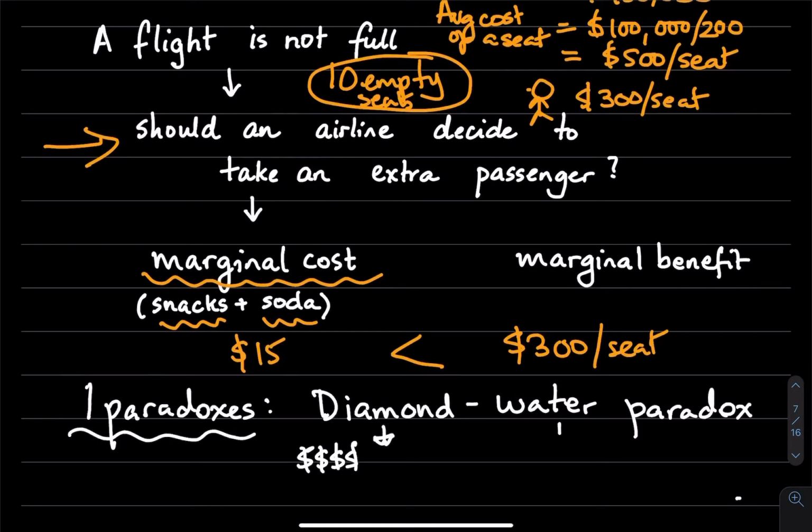And as far as water is concerned, we know that water is necessary for survival, but it is cheap relative to diamonds. So the question is, why is water so cheap while diamonds are so expensive? We need water to survive, while diamonds may seem unnecessary, yet people are willing to pay so much more for a diamond than for a cup of water.